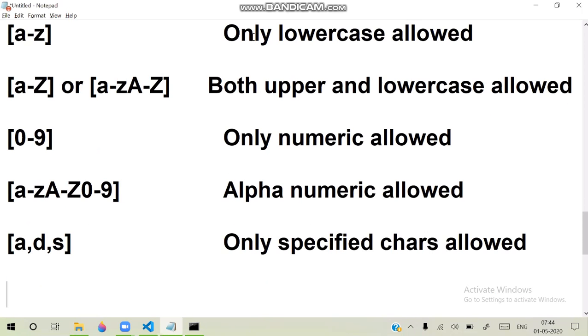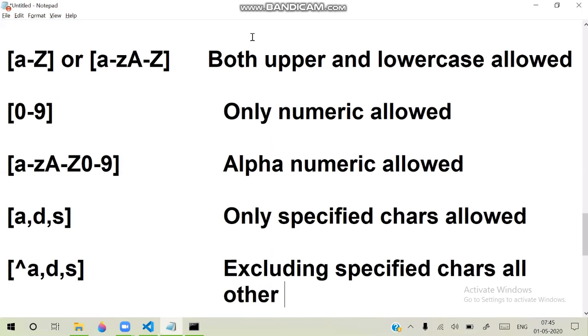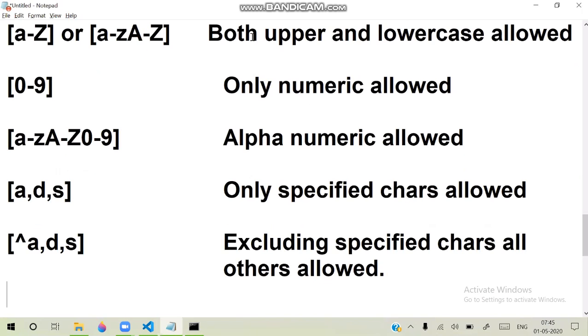Suppose I write exponent A, comma, D, comma, S. This indicates excluding the specified characters, all others allowed. That means only those 3 characters are not allowed, others are allowed.